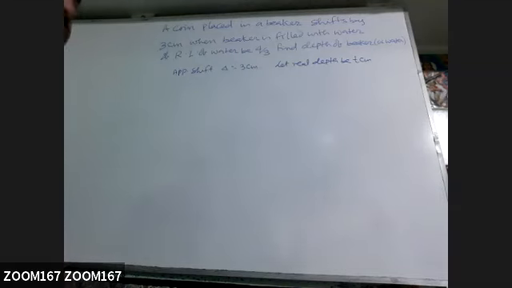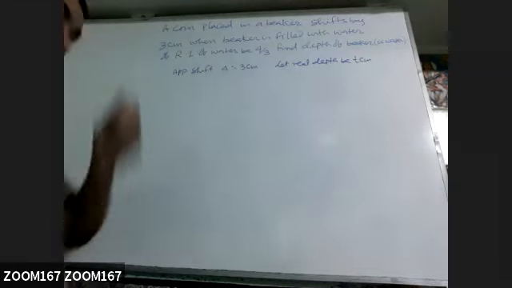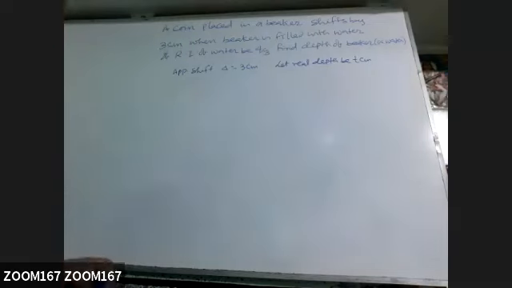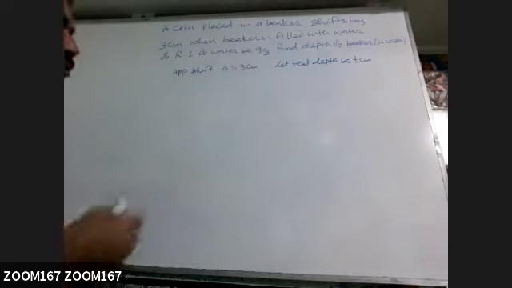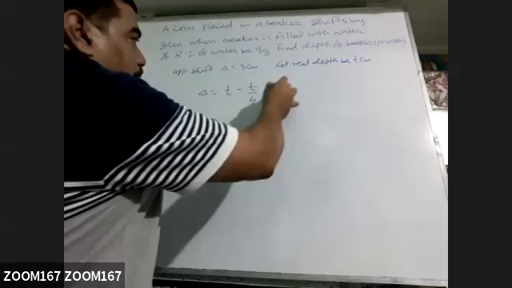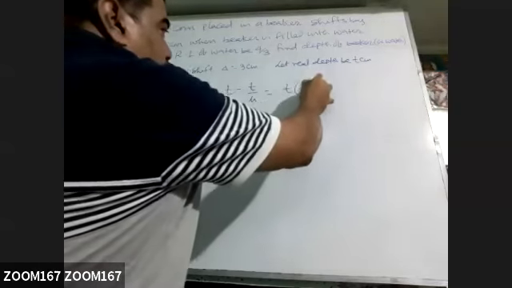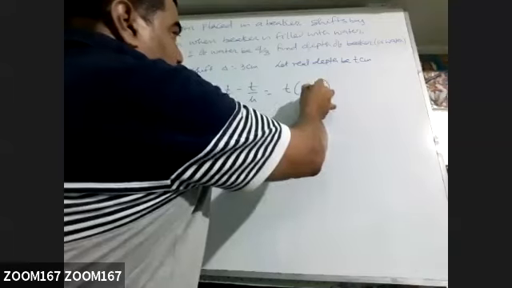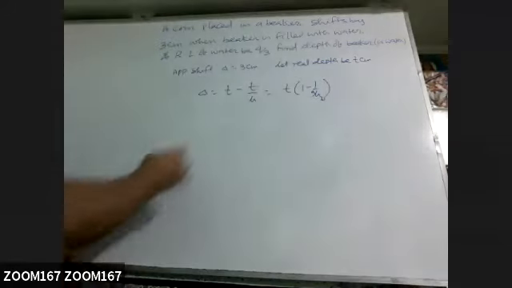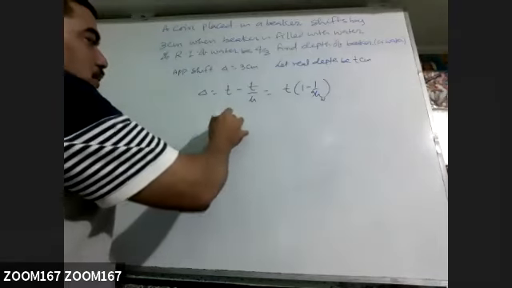What is the relation between apparent shift and real depth? The apparent shift is equal to real depth minus apparent depth. So T into 1 minus 1 by mu. Here mu will be what? Water with respect to air. So this T we have to find.